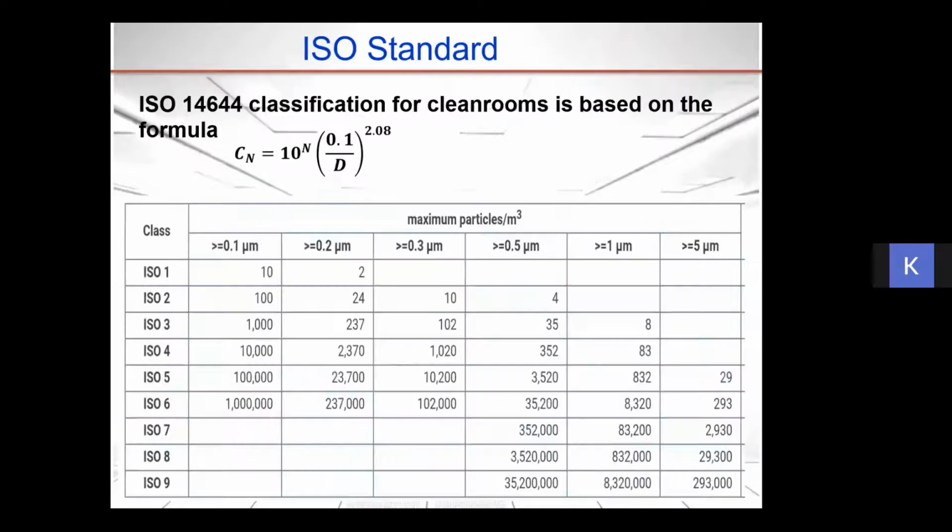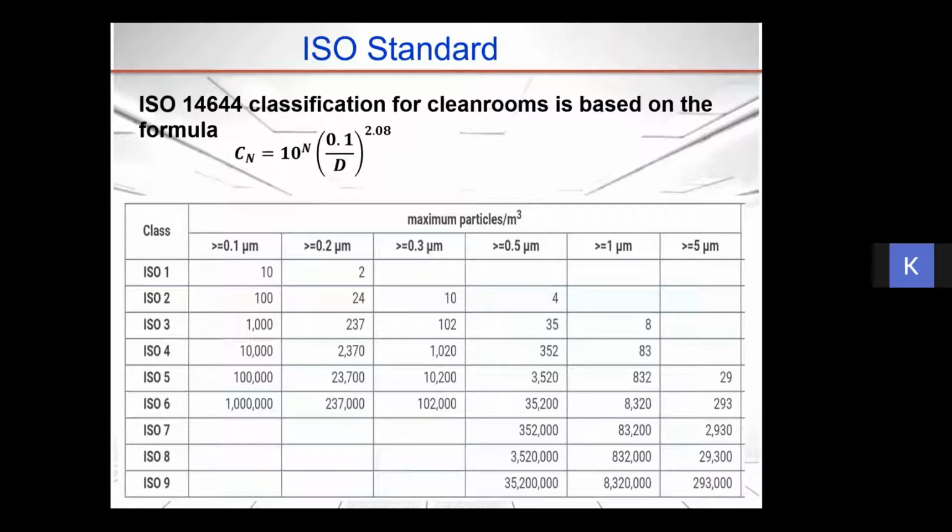Whereas for the ISO classification, there are 9 parts, and you can understand that these are not the same as the federal ones. Federal ones were very easy: 10, 100, and so on. But for the ISO part, those are complex numbers, like 2370, 23700 and so on.